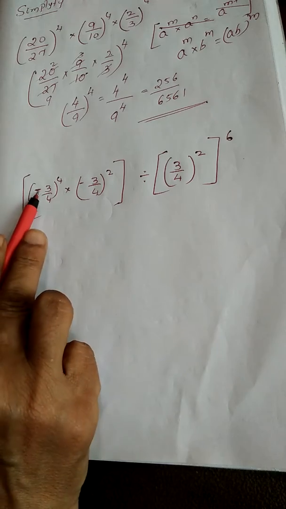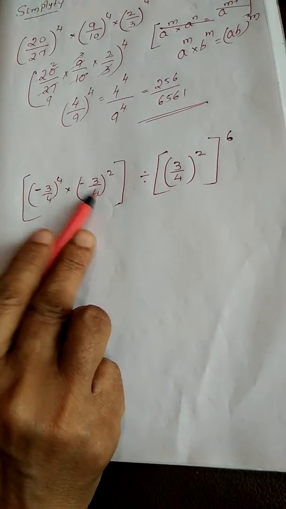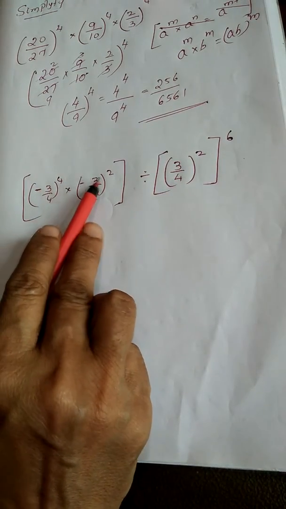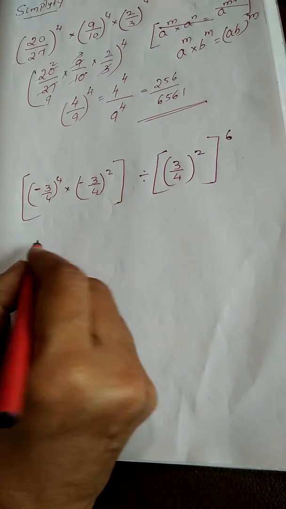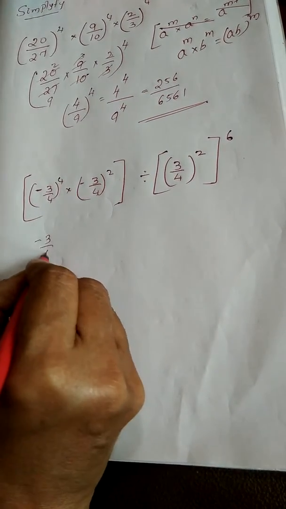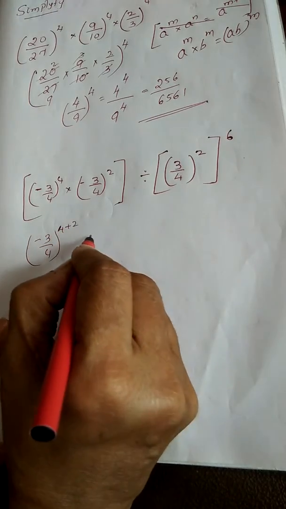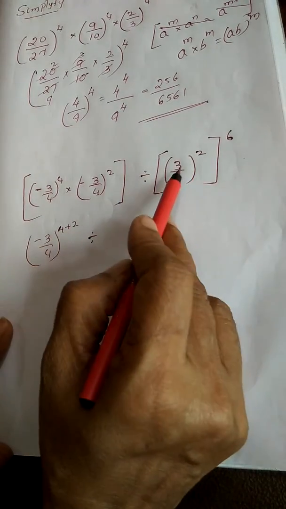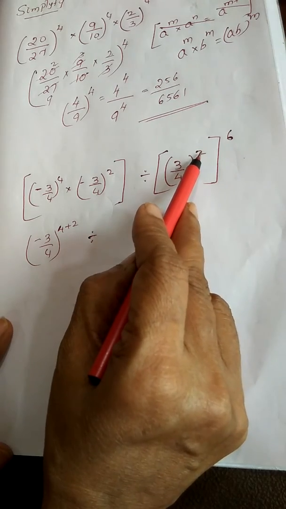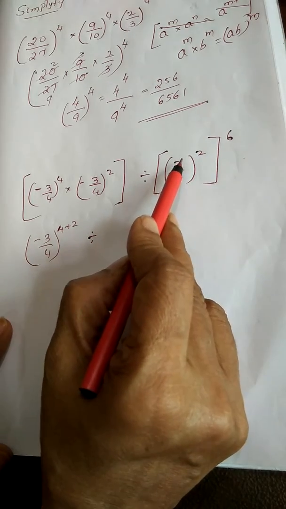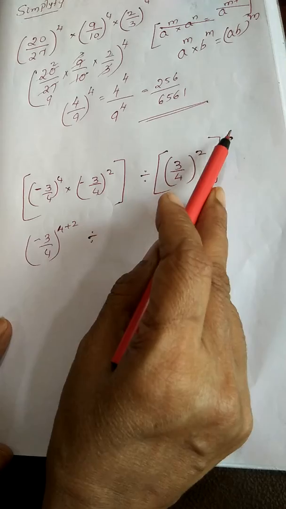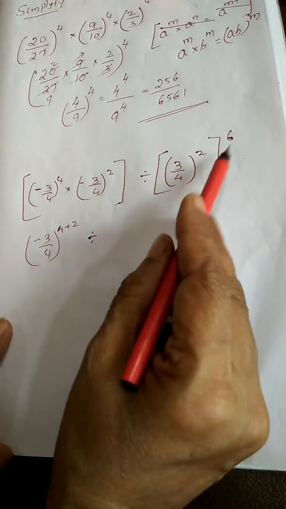Again simplifying this expression, here it is minus 3 by 4 and minus 3 by 4. So a to the power of m into a to the power of n is a to the power of m plus n. So minus 3 by 4 to the power of 4 plus 2, divided by, now this is a to the power of m, the whole to the power of n is equal to a to the power of m into n.